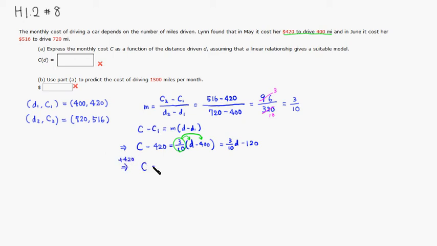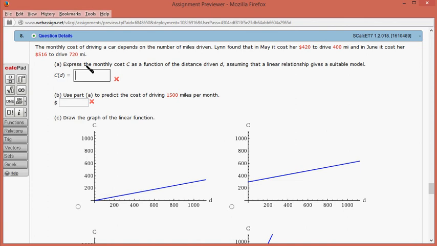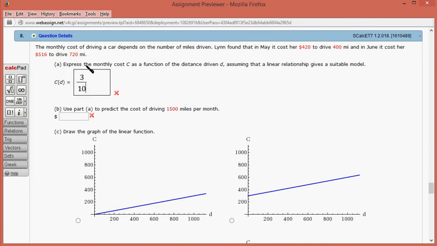So C is equal to 3 over 10 D plus 300. Let's type this in: 3 over 10 D plus 300.